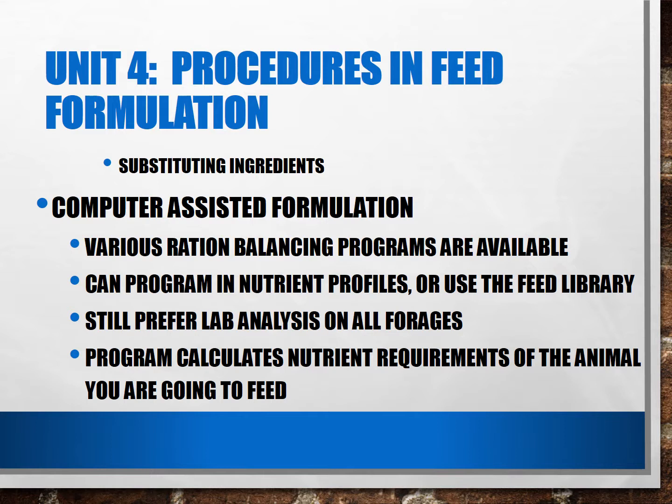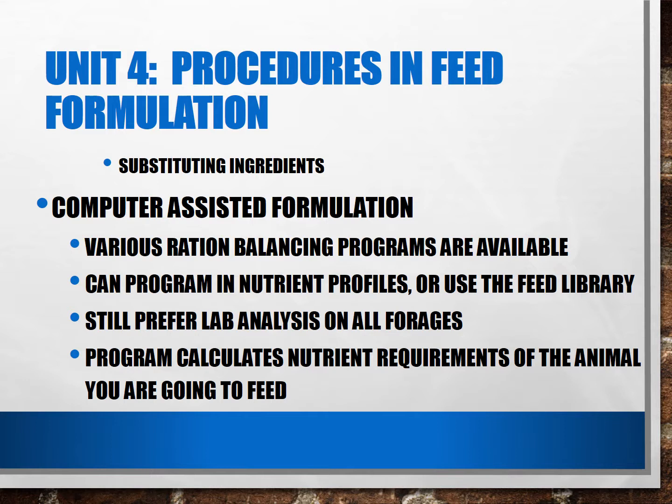I list there real quickly substitution of ingredients, and I want to chat just real briefly about that, because as we start to think about the economics of some of these diets, maybe you want to find something else to put in the ration, or maybe you change hays at home and you test it and find out that it's a little bit different crude protein percentage, or maybe you decide to change from using corn in the diet to dried distillers grains, or you want to add beet pulp to the diet.